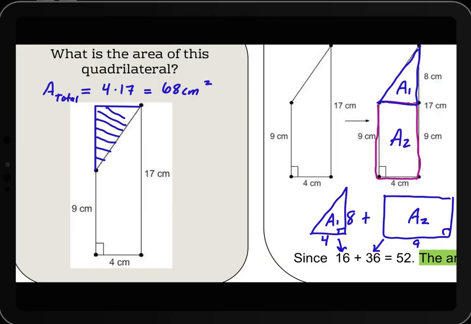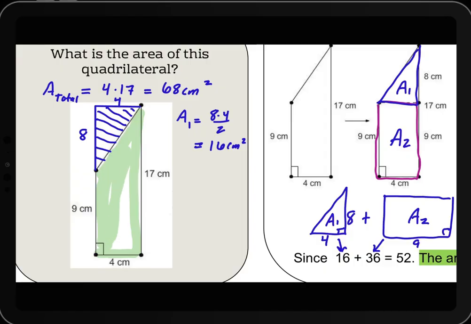It is a triangle, and this triangle here has a height of 8 and a base of 4. So the area of the triangle, which is going to be the same thing as area 1, is going to be 8 times 4 divided by 2. That's going to get me 16 centimeters squared. So then the area that I'm interested in, which I'm going to highlight in green, is only this region right here, this entire shape.